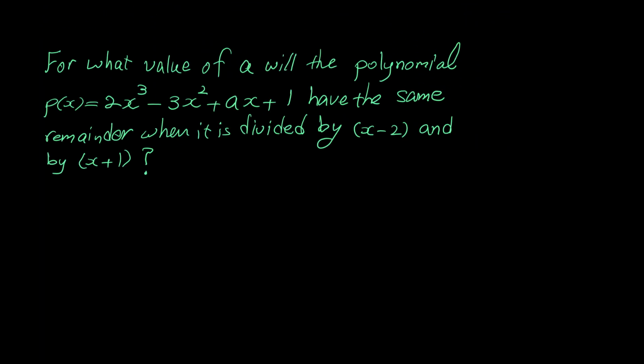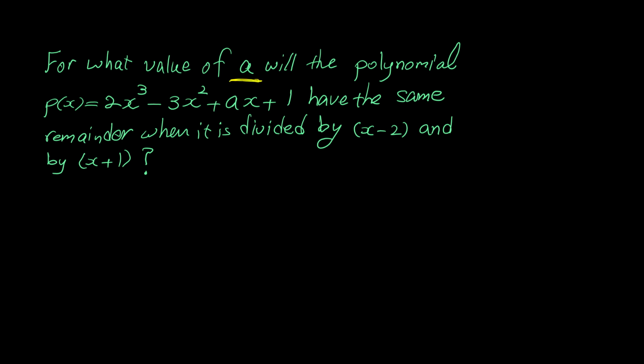For what value of a will the polynomial p of x, which is 2x to the 3 minus 3x to the 2 plus ax plus 1, have the same remainder when it is divided by x minus 2 and by x plus 1? So we want to find the value of the unknown a.